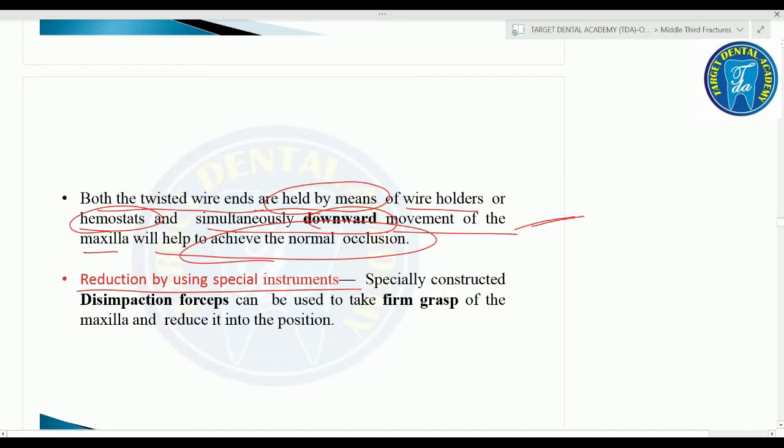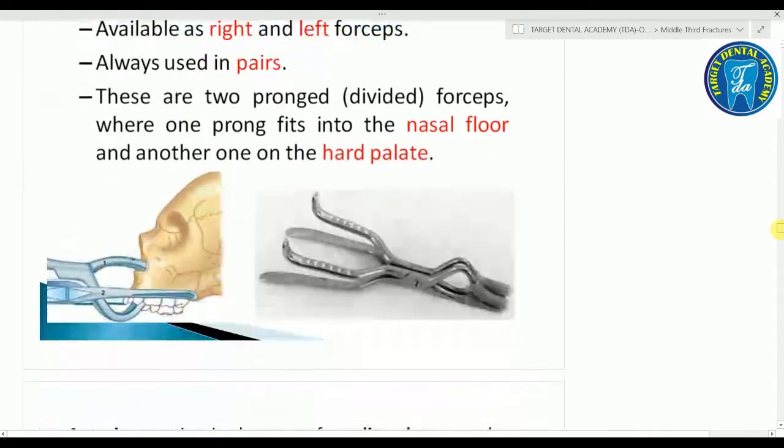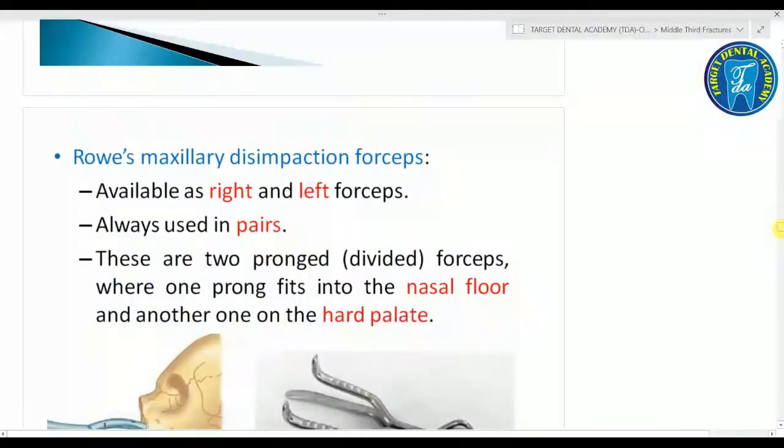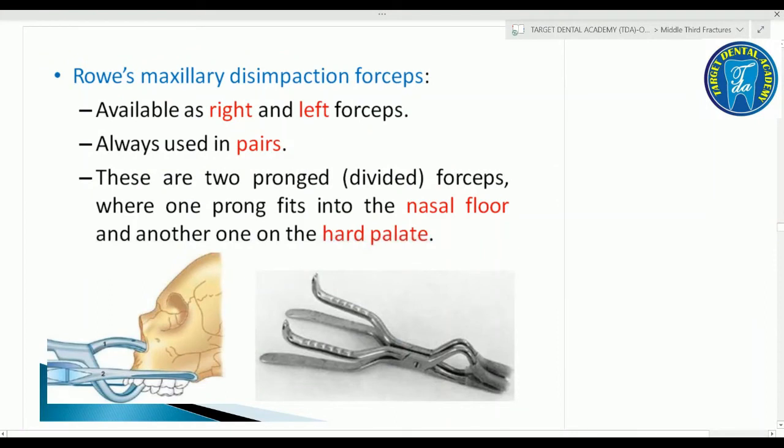What are the instruments we use for the reduction? First are the disimpaction forceps, which can be used to take a firm grasp of the maxilla and reduce it into its position. Next are the Rose maxillary disimpaction forceps, very important.